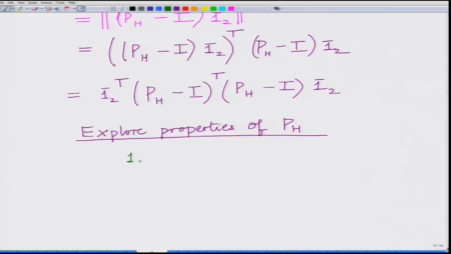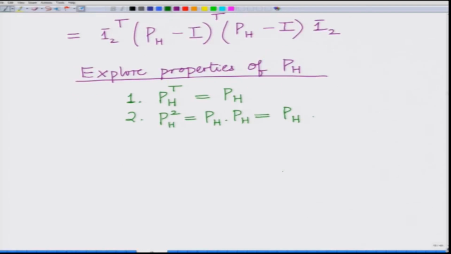One, PH is symmetric, which means PH transpose equals PH, that is the transpose of PH equals itself. Two, more importantly, PH square, this is a very interesting property, PH, the matrix multiplied by itself, PH times PH is indeed equal to PH.